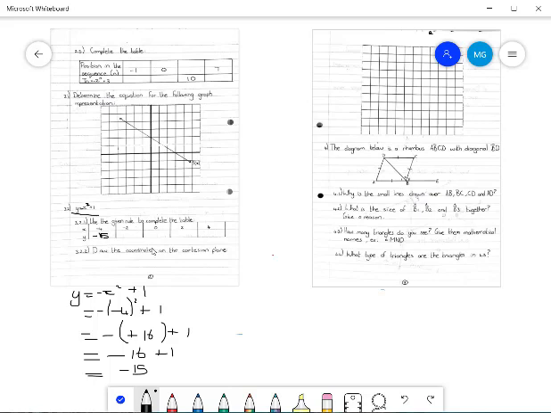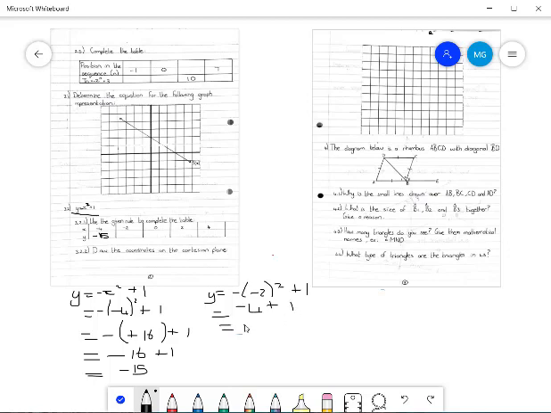Okay, so you do this with all of these. If x is negative 2, then y will be what? Let's just figure it out. So that's negative 2 to the power of 2 gives me a positive 4. Multiply that with the negative, it's a negative 4 plus 1.